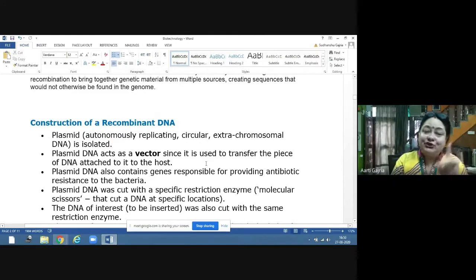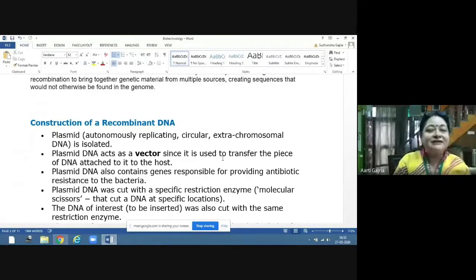What is a vector? We have learned vector in infectious diseases. The vector is one which is bringing the causative organism from the infected person to the healthy person. What is the function of a vector? Transferring. Here also it is called vector because what is this plasmid DNA doing?